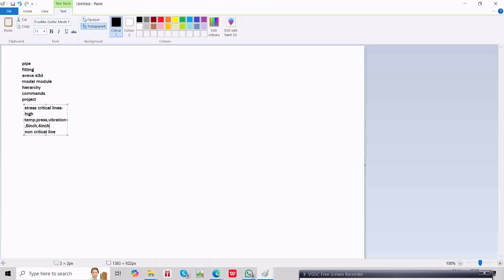Then regarding the loops, whenever we are dealing with stress critical lines, the stress engineer will do the analysis in Caesar software, and he will provide the location of the loop.